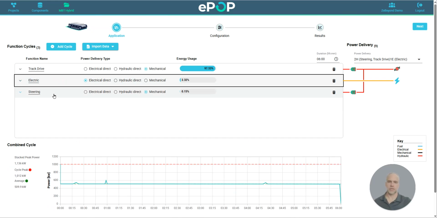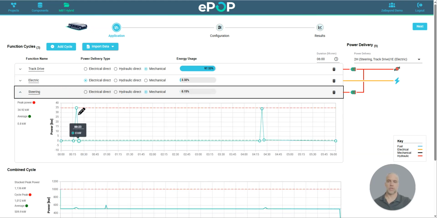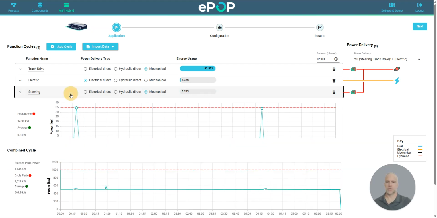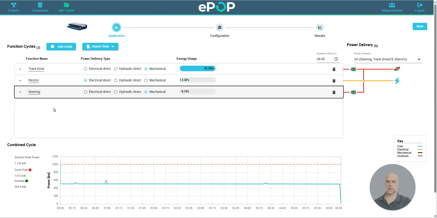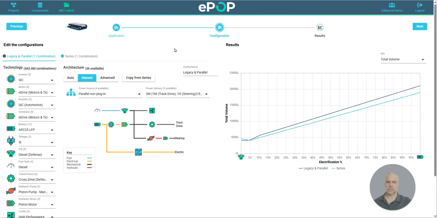And then we added a steering load, which isn't much, but we wanted to account for it in the powertrain, since it is a significant load when it does occur. So we added some power there to account for the steering. From here, we'll move on to the configurations.